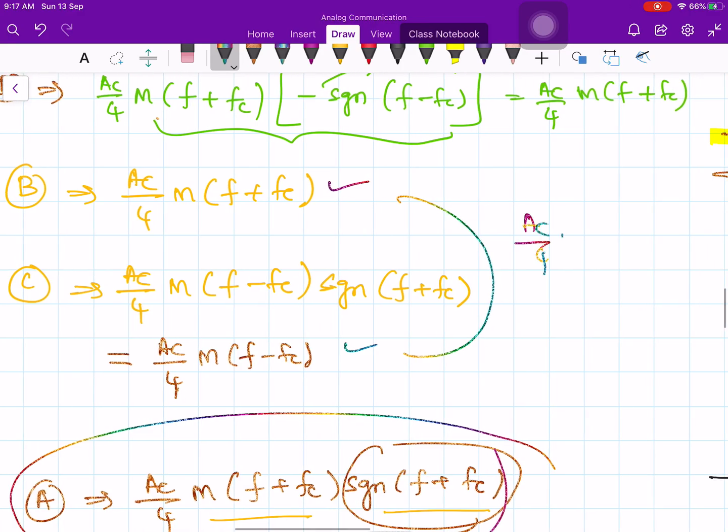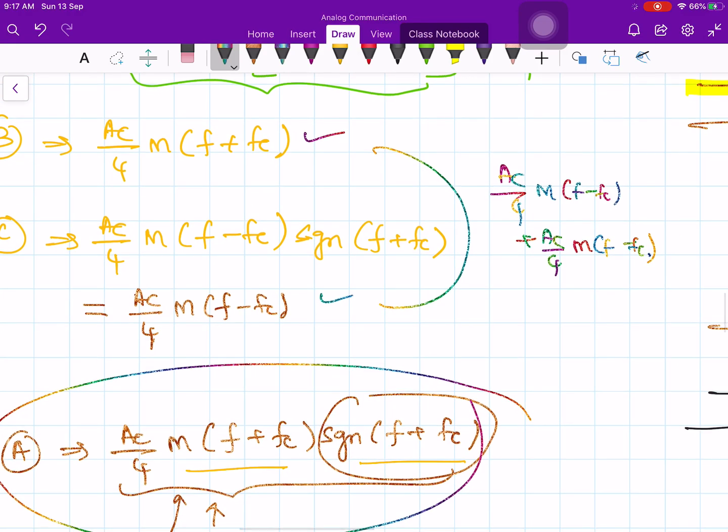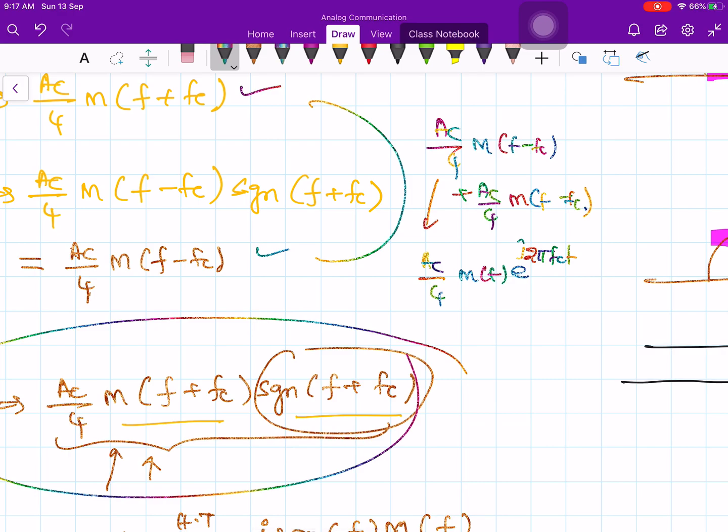A c by 4 m of f minus fc plus A c by 4 m of f plus fc. You take the inverse Fourier transform of this. A c by 4 m of f minus fc becomes m of t multiplied by e to the j 2 pi fct, plus A c by 4 m of t e to the minus j 2 pi fct.